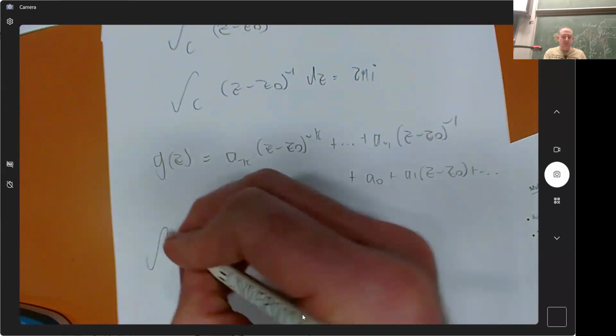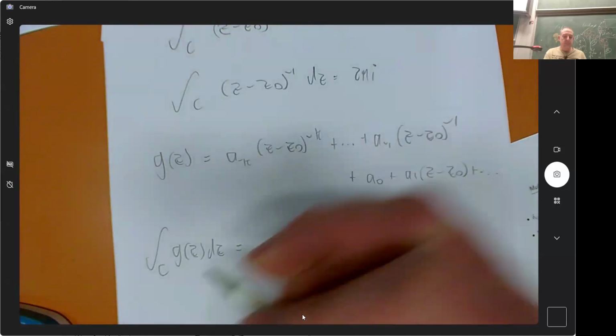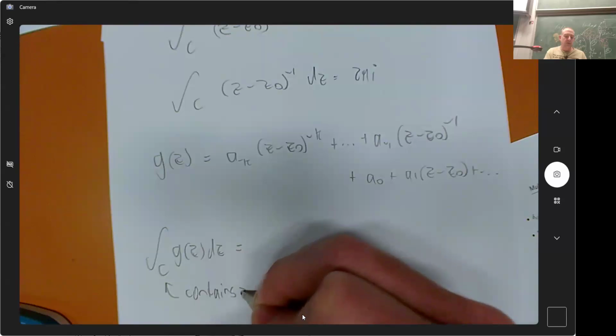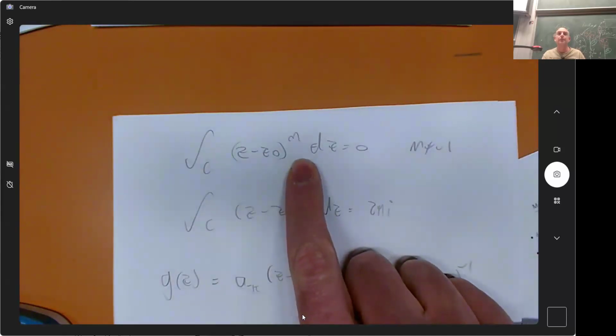When you do this integral, and this contains z naught, then this integral will be 0 because the lemma says so.